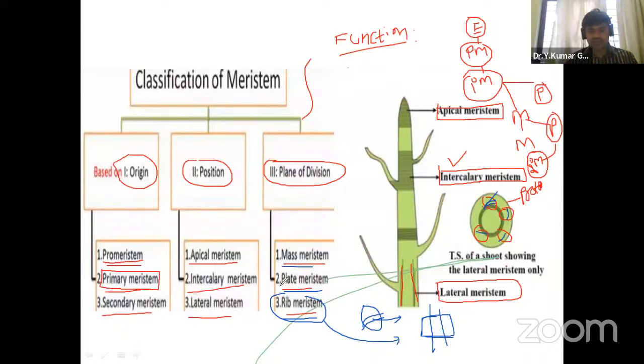Remember, first plate meristem, second rib meristem, third mass meristem. First, let me complete plate.